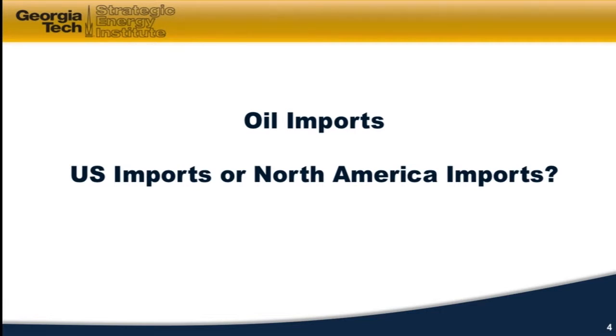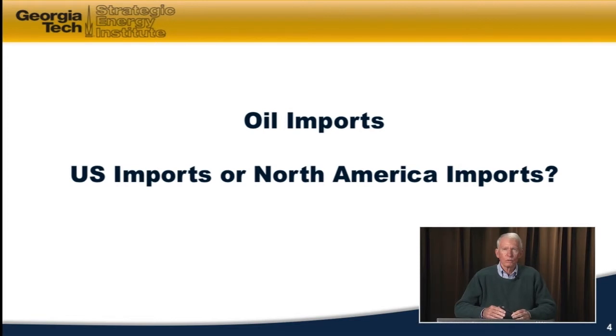Well, you can argue that North American imports is really what we need to worry about, because we import significant oil from Canada and a little bit from Mexico. We're saying those are stable and we shouldn't worry about them. They're generally brought in by pipeline, it's fairly easy and straightforward, and we feel like those are secure sources.